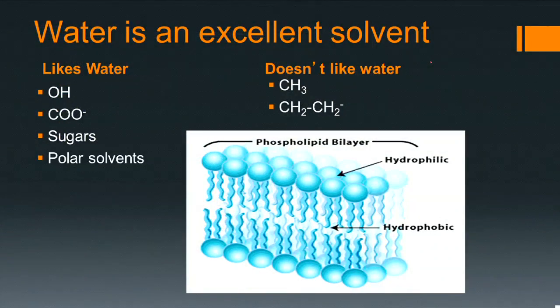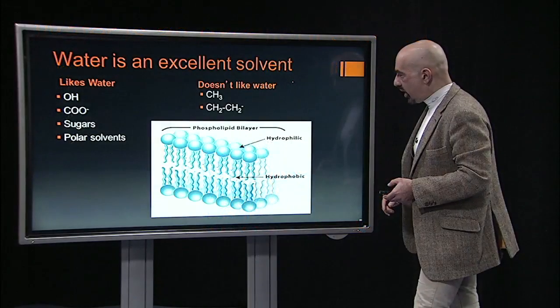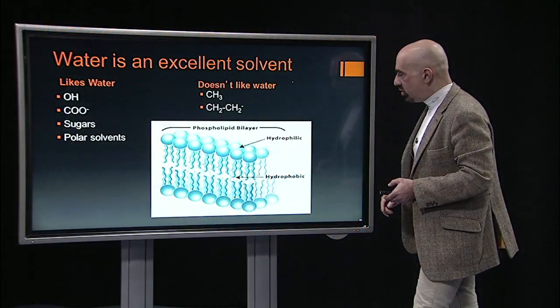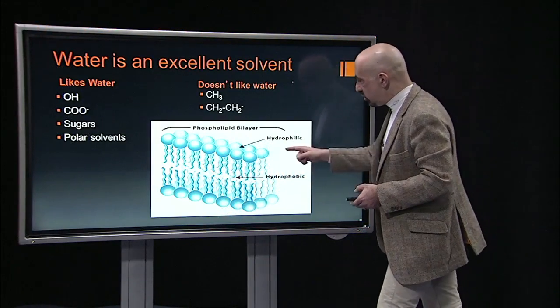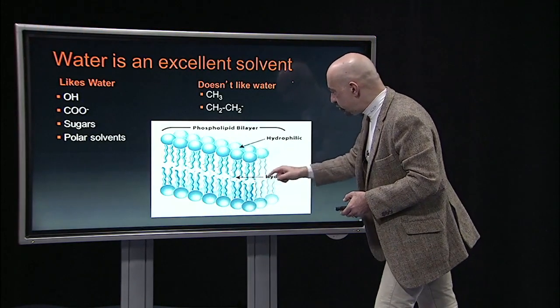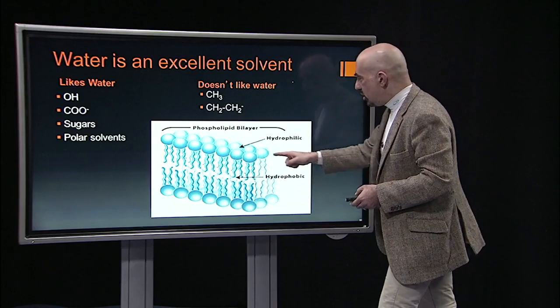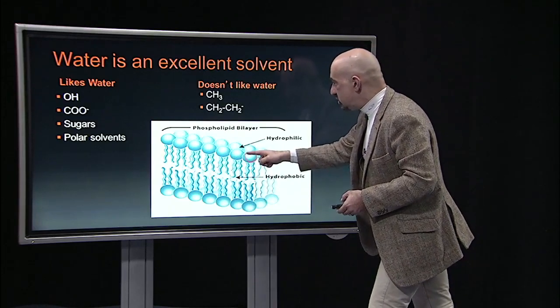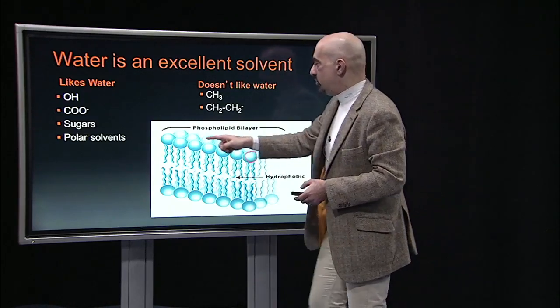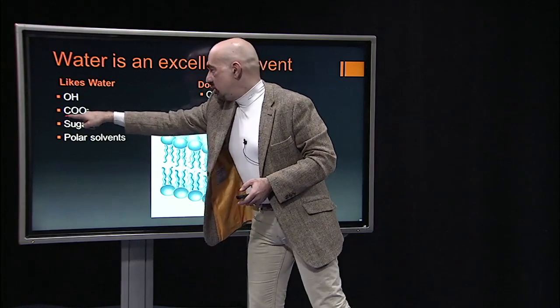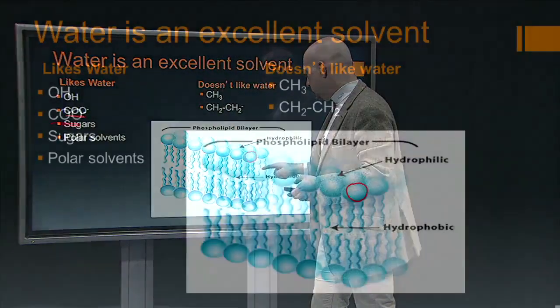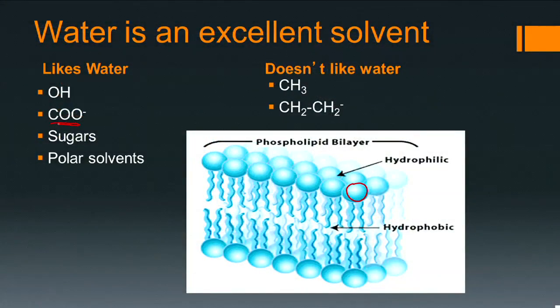Others don't like water: CH3, CH2s. So when we put these molecules in water, this end of the molecule is hydrophilic. It might be an ending in the molecule like that. This part of the molecule is hydrophobic.